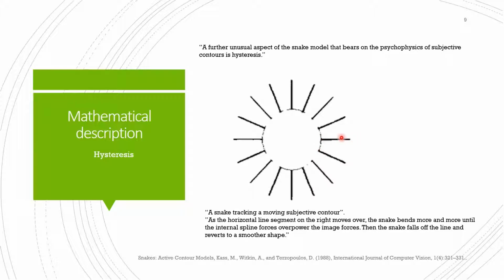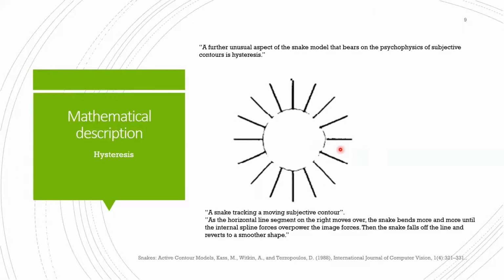But after some point, the snake will not be able to follow it anymore. It will snap back to its original position. I'm running it, you just watch. The snake first extended like this, then it dropped.